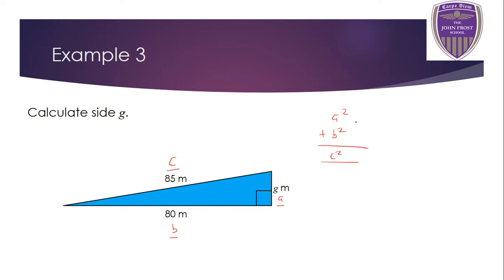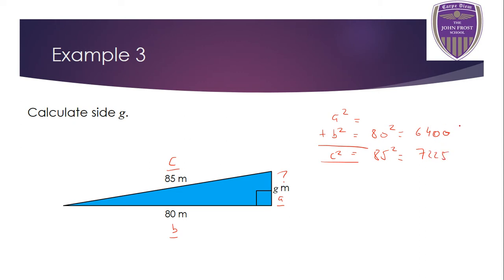equals C squared. Well, this time I can't work out A squared at the moment because I don't know it, but I can do B squared. 80 squared is 6,400. And I can do C squared as well this time. 85 squared is 7,225.